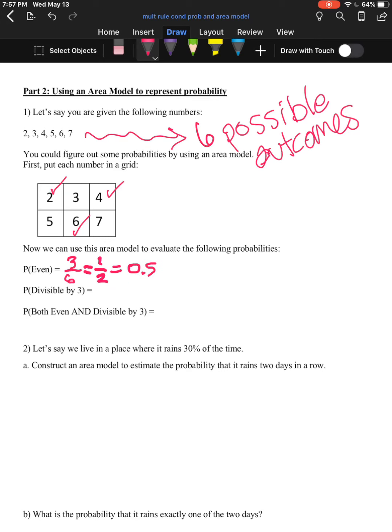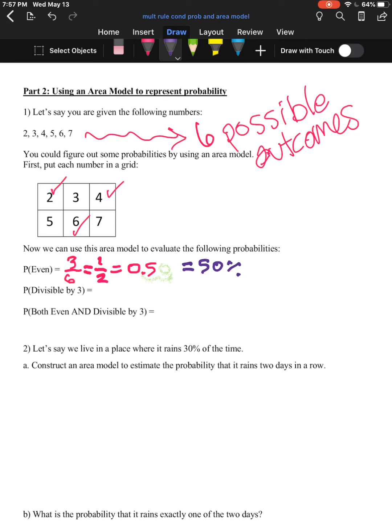And turning it into a percent, move the decimal 2 places to the right and filling in with a 0, that is equal to 50%.